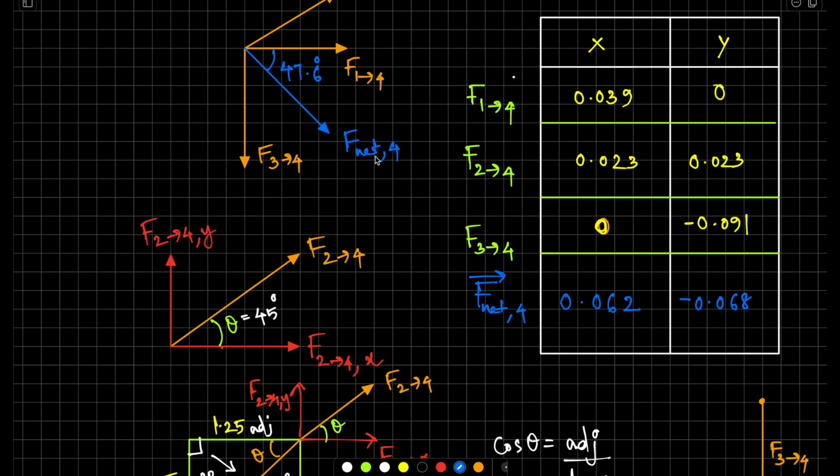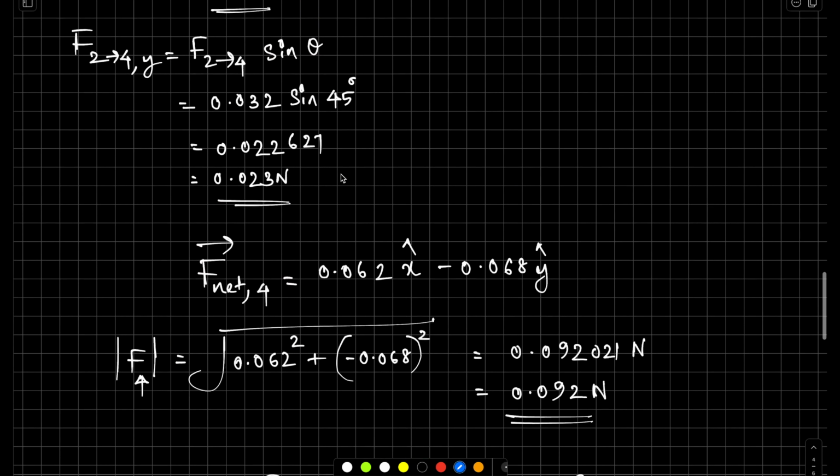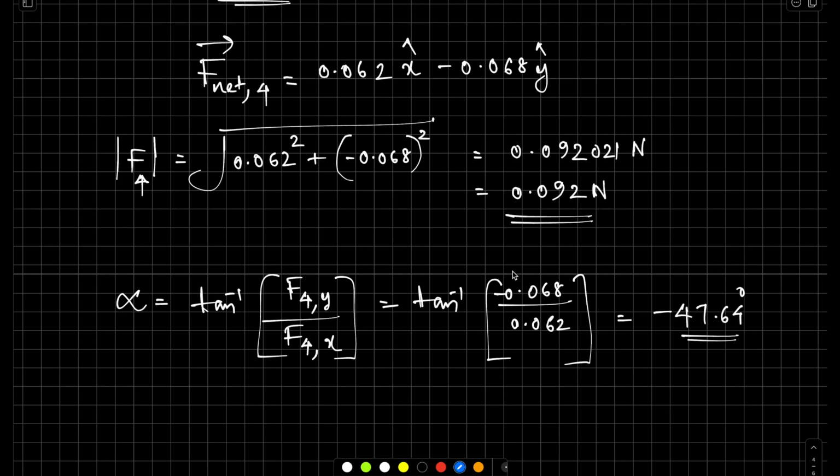So the net force will be downwards. It makes sense. That's our answer: the magnitude of the net force is 0.092 newtons, and the direction is minus 47.64 degrees, meaning 47.64 degrees below the positive x-axis.